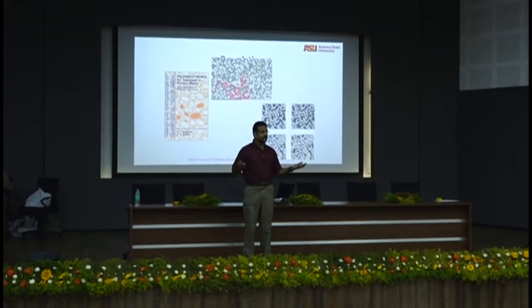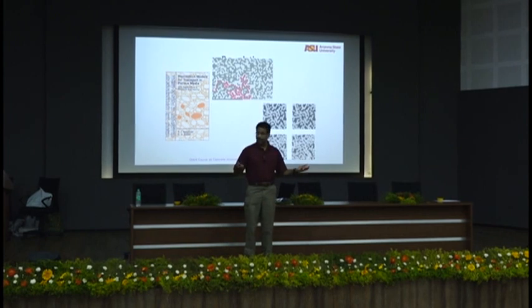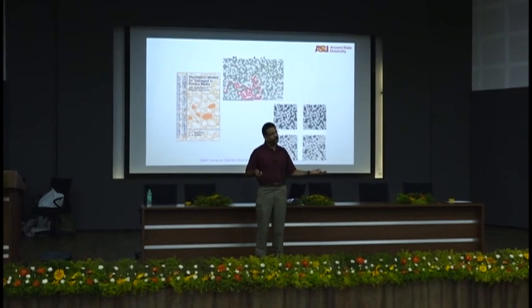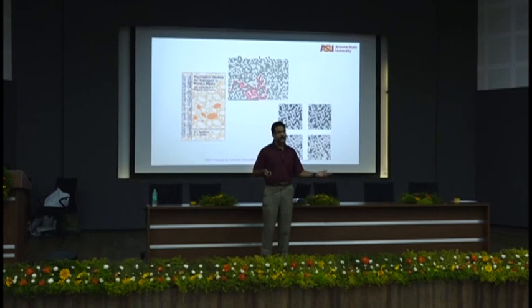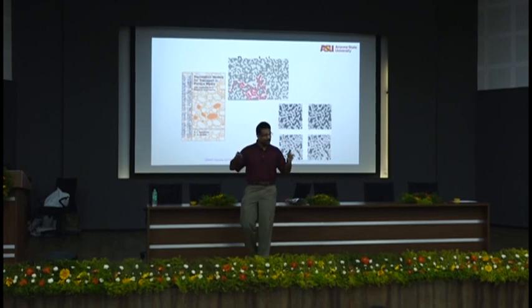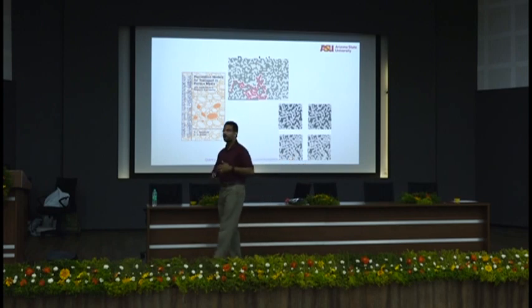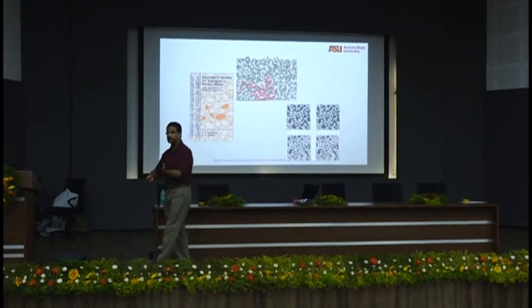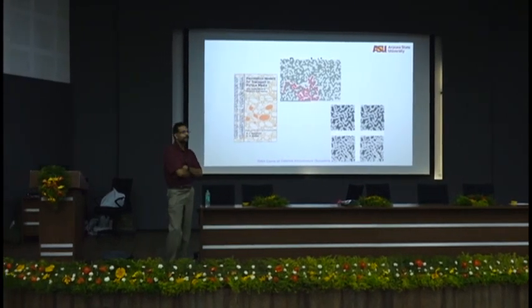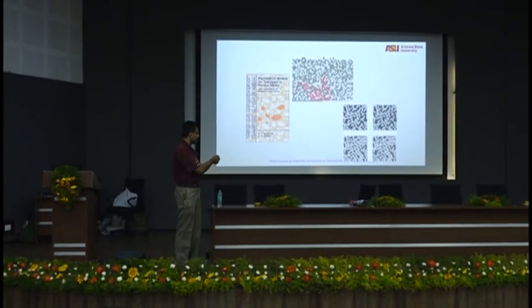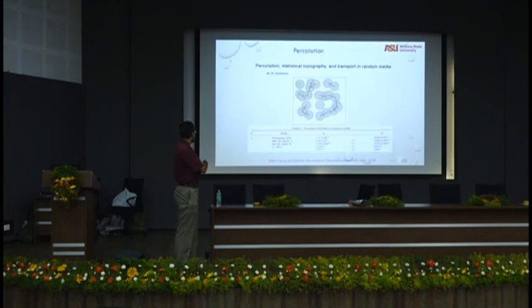I can increase the degree of hydration, the rate of hydration, make cement react more, it will block the path off. I can start off with a higher volume of cement, which means lower water cement ratio, block the path off. Again, now you have a plethora of options that you can choose based on what kind of option you want. Okay, I'll skip this and I'll go to the next one.